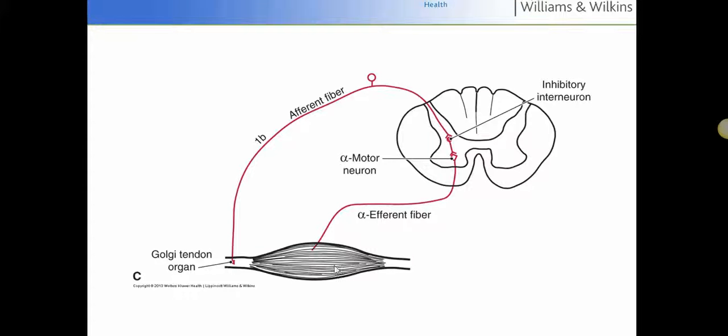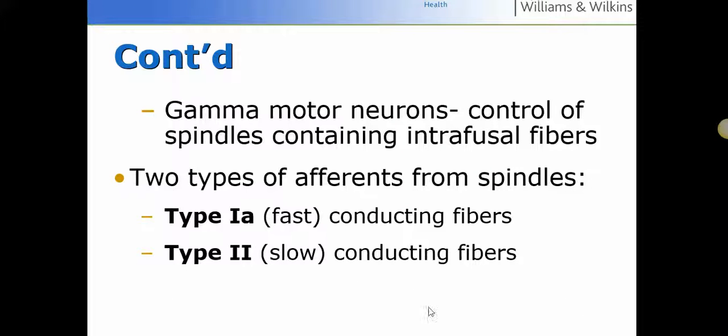You have the changes in length picked up by the annulospiral endings wrapped around the intrafusal muscle fibers, which talk to the afferent fibers and go to the interneuron. The interneuron communicates to alpha. The alpha knows that it needs to change the length of extrafusal muscle fibers to accommodate the change in the length of the muscle.